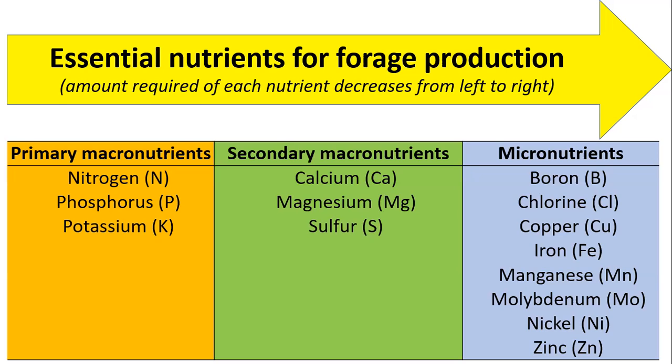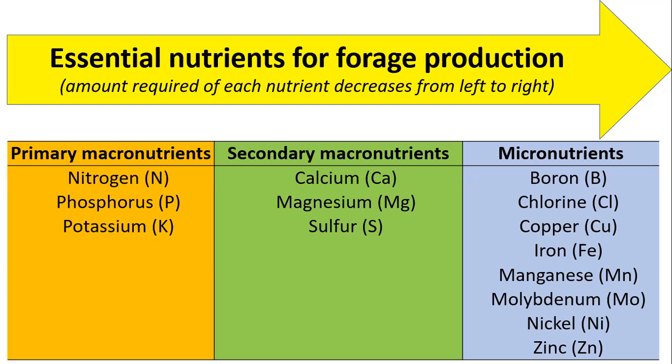Then we have some nutrients that we say are secondary micronutrients. They are listed here in the column in the middle of the table. And then we have some nutrients that plants require in lesser amounts, but some of them are very important to specific functions for plants.